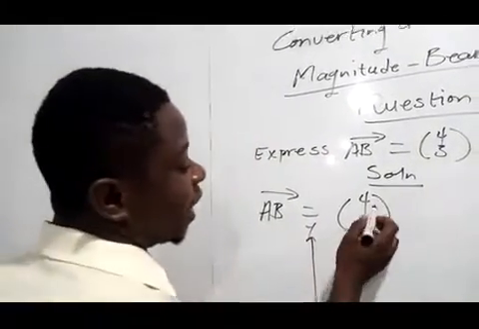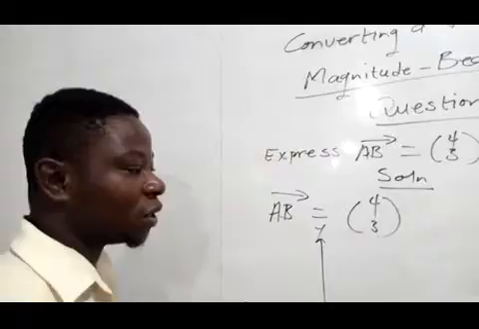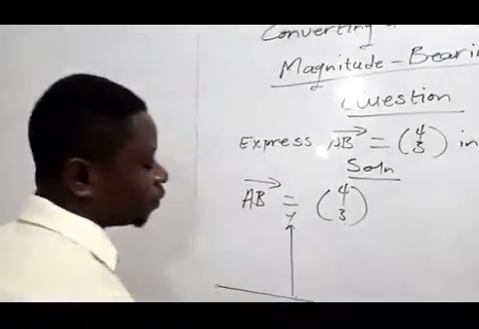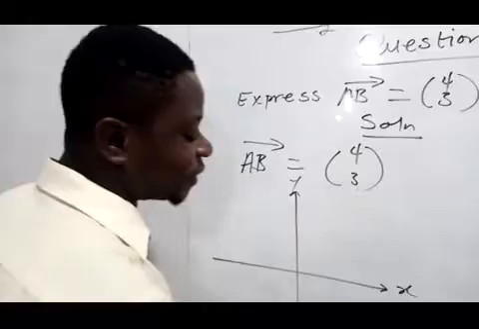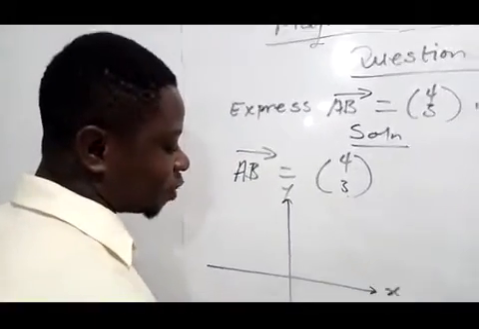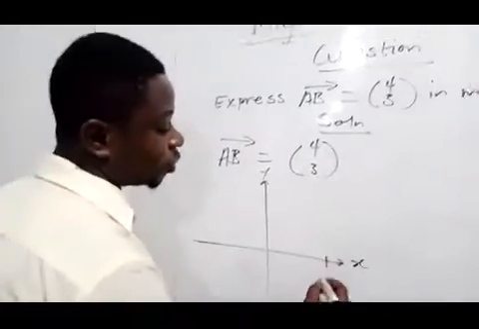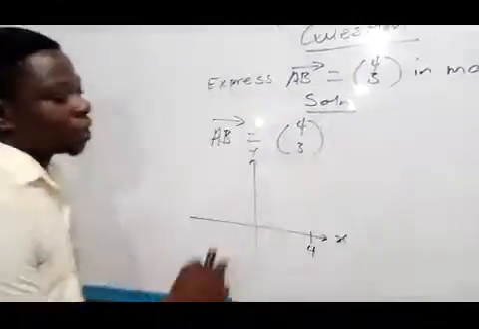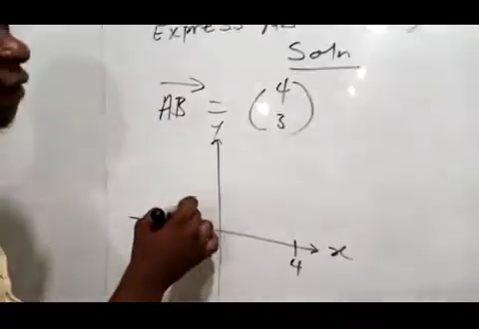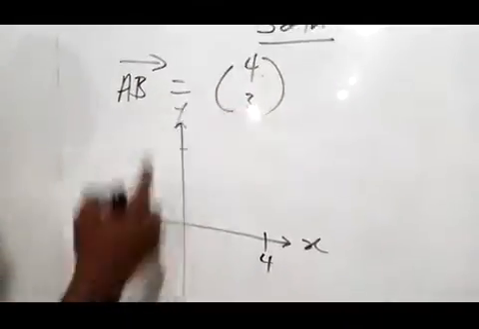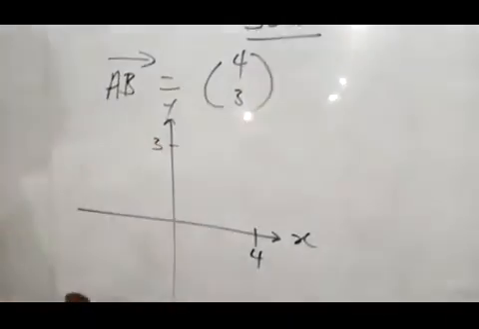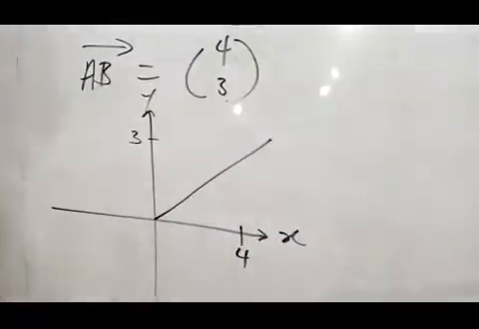We know this is the x-coordinate and that is the y-coordinate. The 4 here is positive, so it goes to the positive side of the x-axis, so this is 4. On the y-axis we have the positive side of y, because it is positive 3. So this is going to be 3, which means it is going to be in that quadrant.